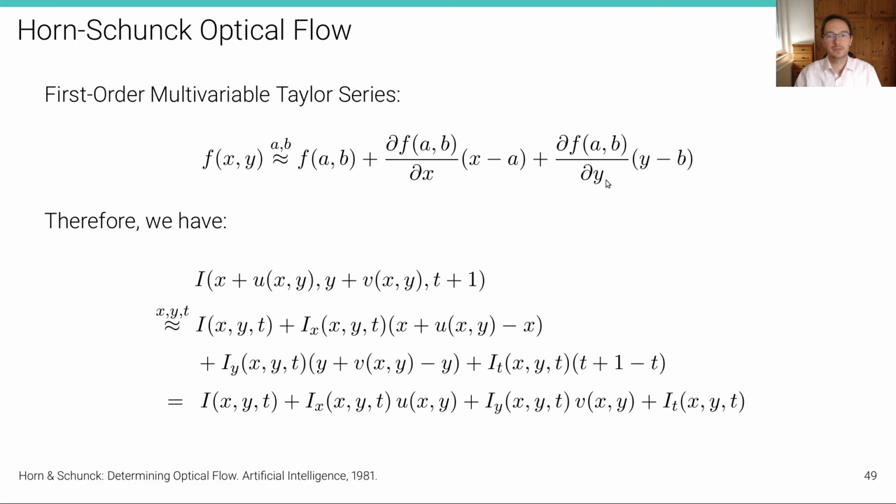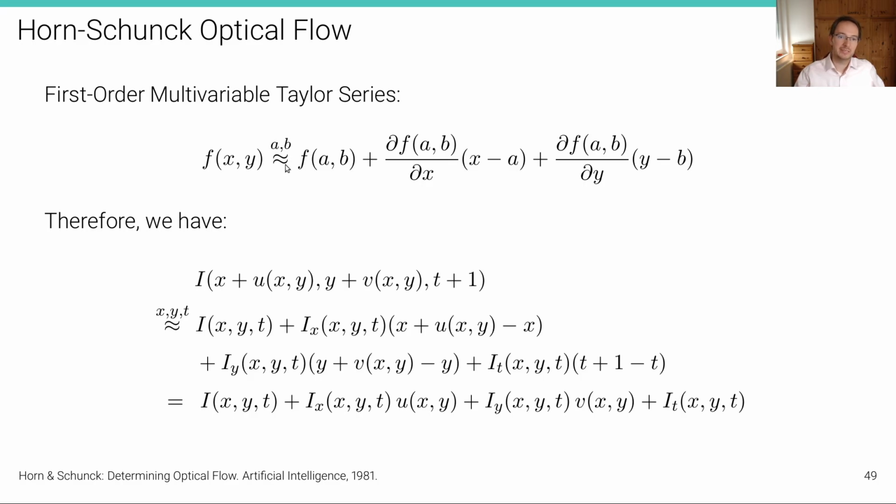So here what I've drawn is a multivariable Taylor series. I've drawn the Taylor series for 2 variables, which you might be familiar with. What this means is that the function f at x and y is linearized around a and b.